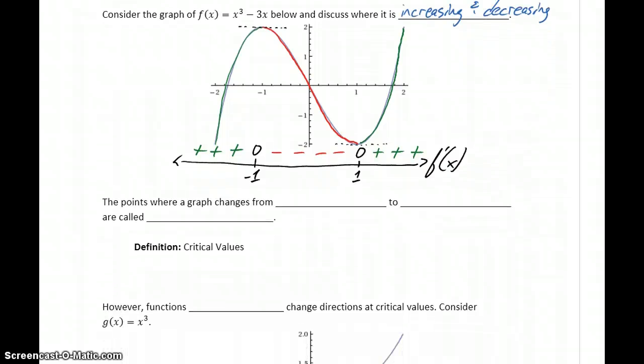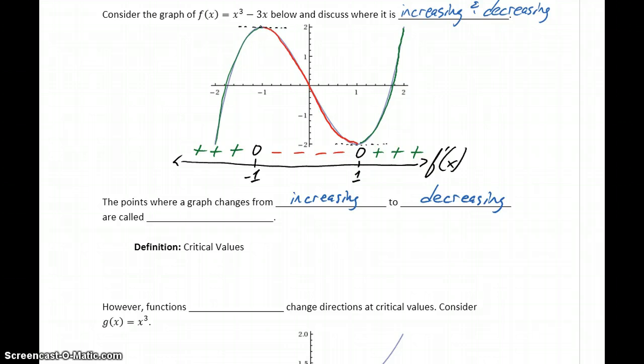Specifically, what we're interested in finding is the points where our function changes from increasing to decreasing, because everywhere in between our function continues the exact same behavior. It's either strictly increasing or strictly decreasing, except at these points where it changes direction.